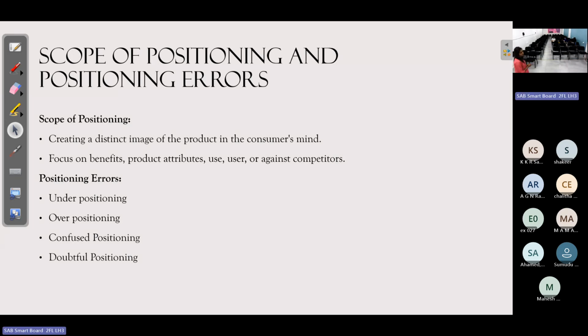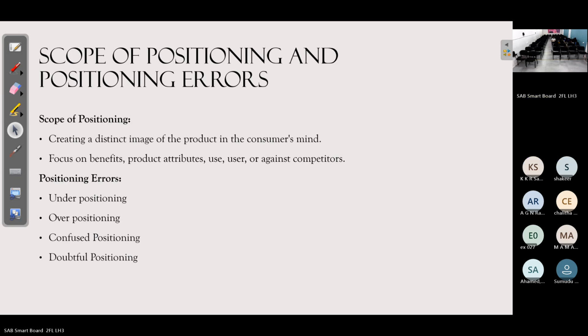Example, I can write: advertising a cosmetic product by highlighting consumers can get whitening skin within 1 night.